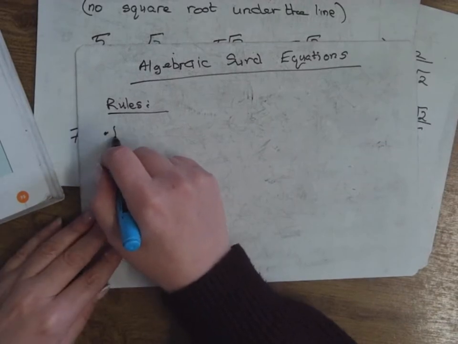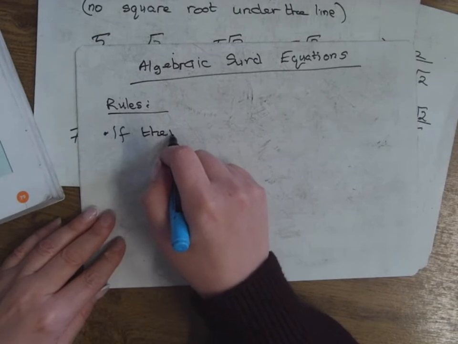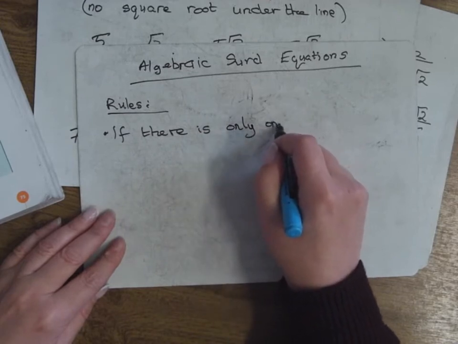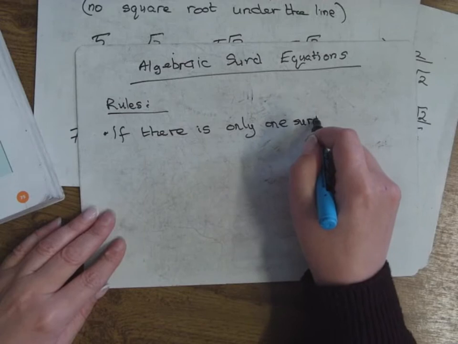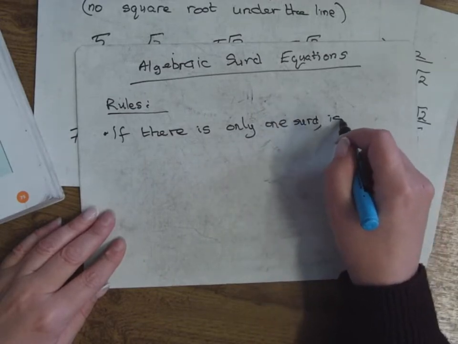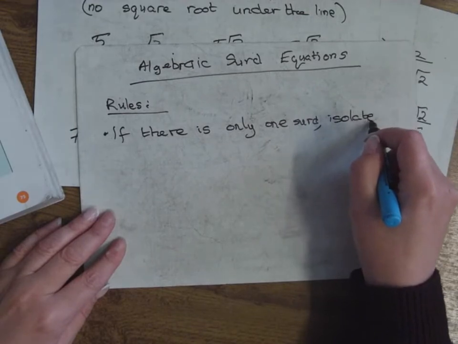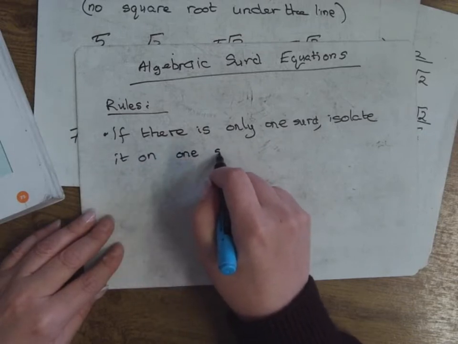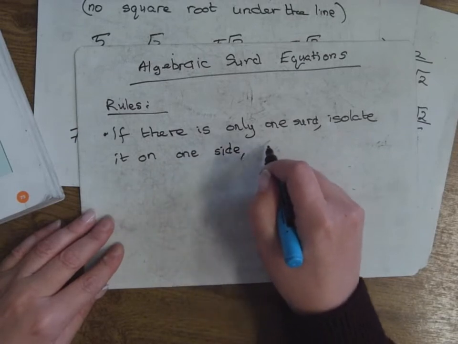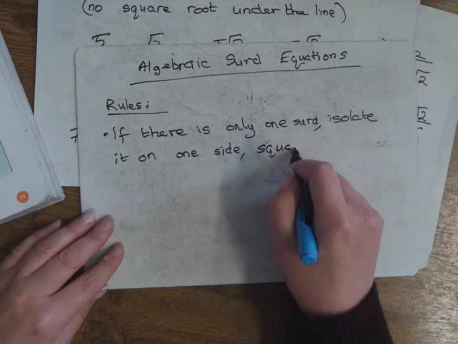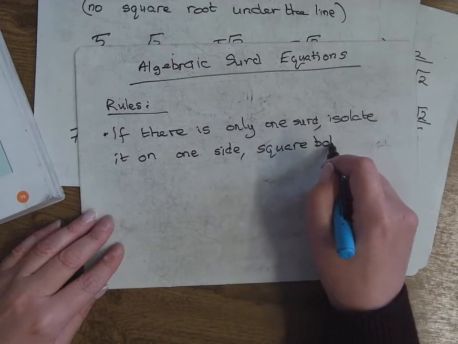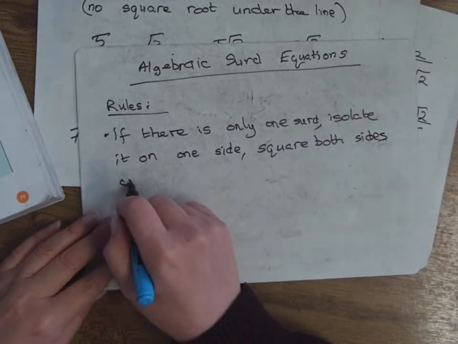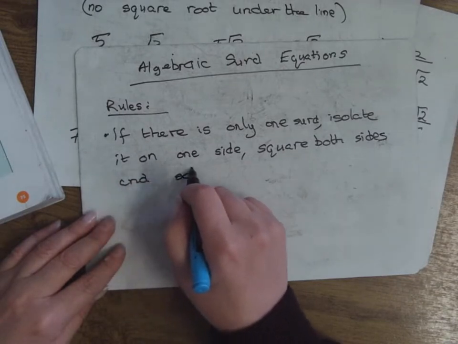If there's only one surd, isolate it on one side, so put it by itself on one side, square both sides, and solve.